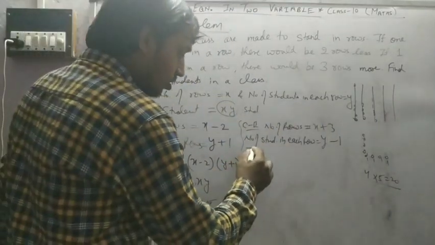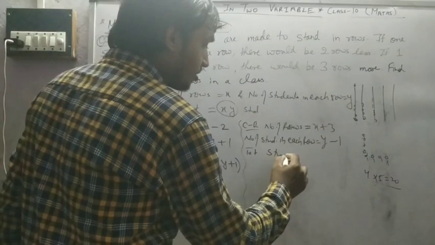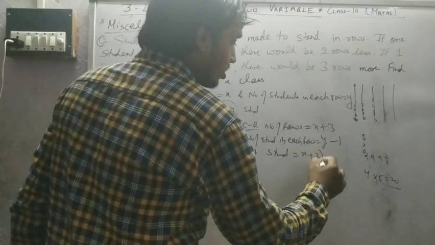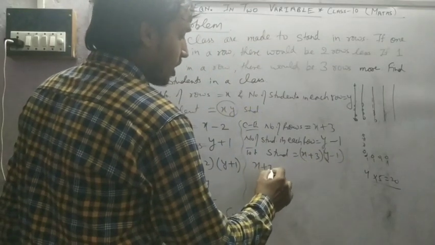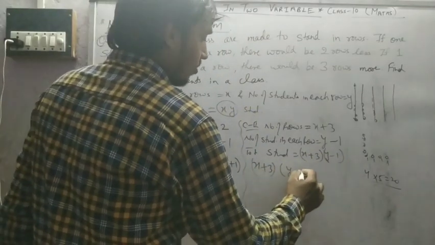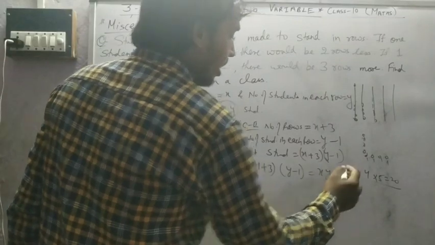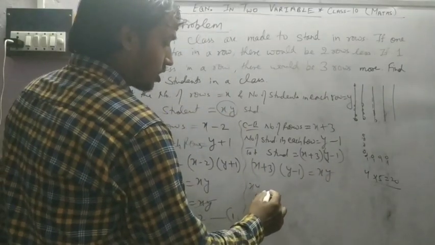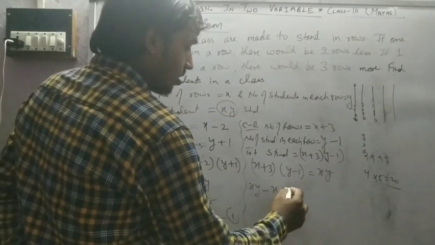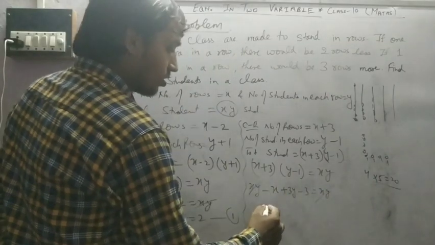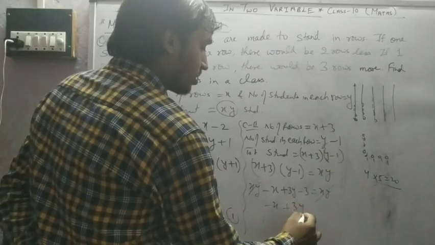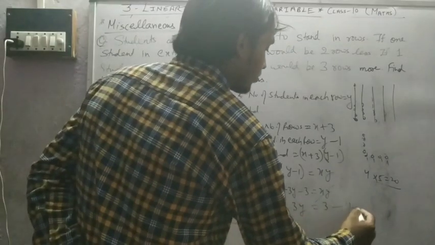Same concept. Total students x plus 3, y minus 1. So (x plus 3)(y minus 1) is equal to xy. xy minus x plus 3y minus 3, xy cancel out, minus x plus 3y is equal to 3.